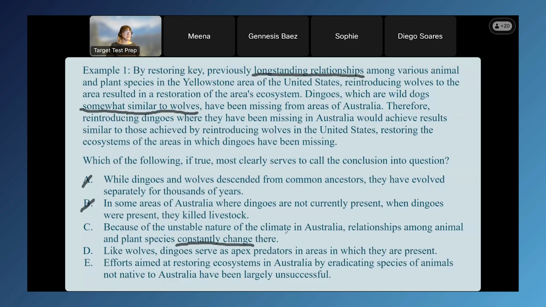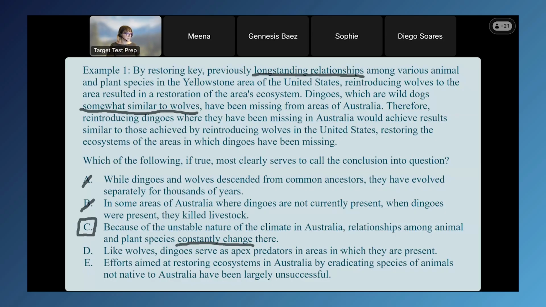It could be that even if dingoes are the exact same as wolves in every way, the context of where we're reintroducing them could be so different that everything has evolved since they've been gone. So their place in the ecological hierarchy is just not there anymore. It has already evolved, so we can't expect the same thing would happen necessarily in Australia as happened in Yellowstone. So that one looks pretty good.